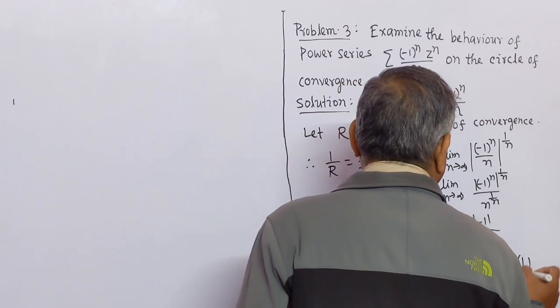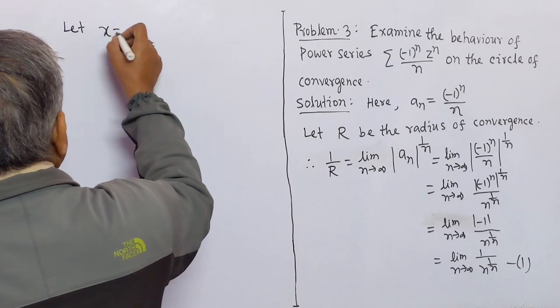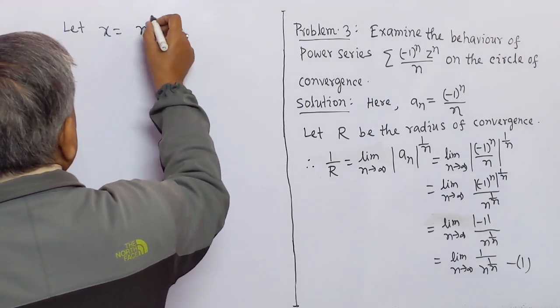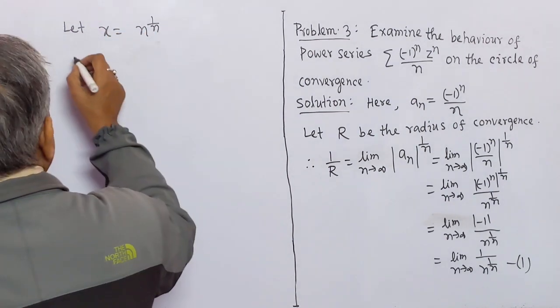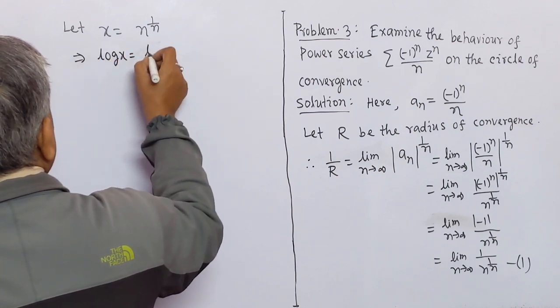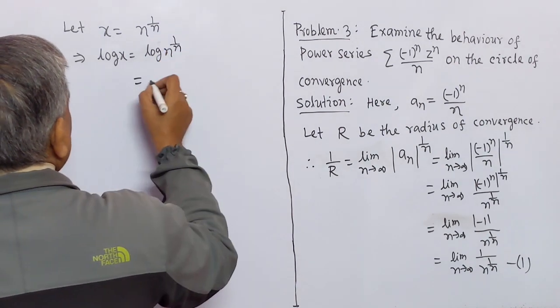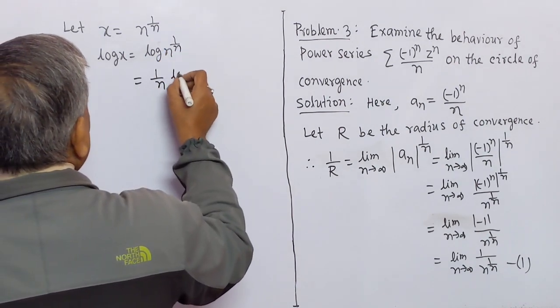Let this be number 1. Let x equal n to the power 1 by n, which implies that log x equals log n to the power 1 by n, equal to 1 by n log n.